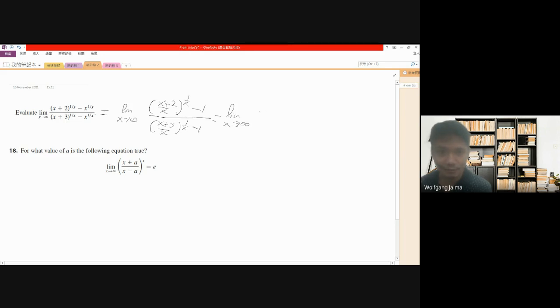What I want to do is make an exponent of ln of this thing: 1 over x minus 1 over a ln x plus 3 over x power of 1 over x. Are you familiar with this trick?